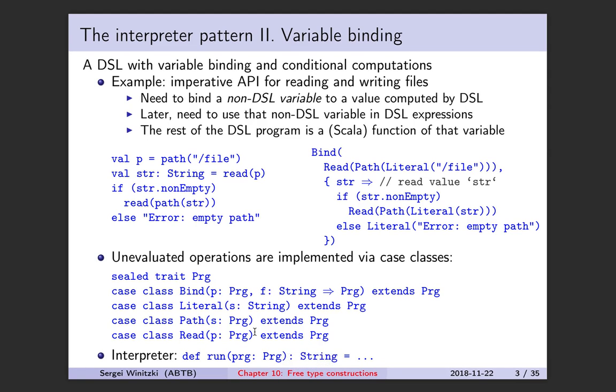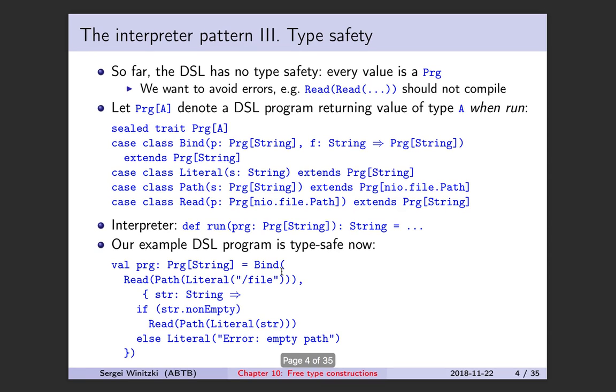I show that simple DSLs work, but they're not type safe. In order to make them type safe, you need to use type parameters and certain values of the type parameters in your DSL operations.